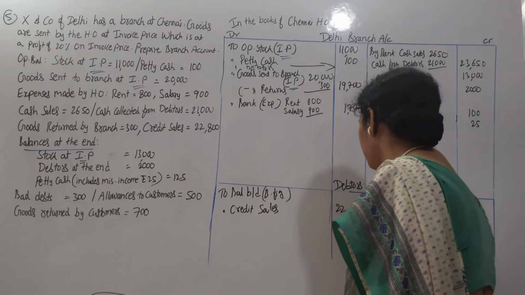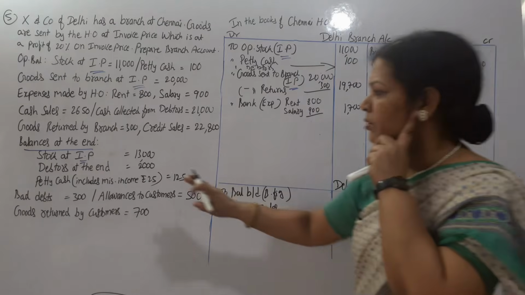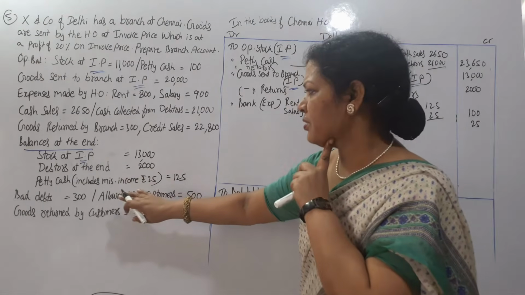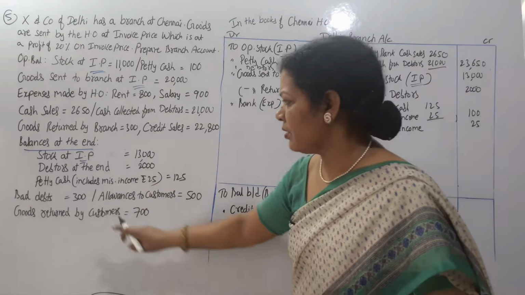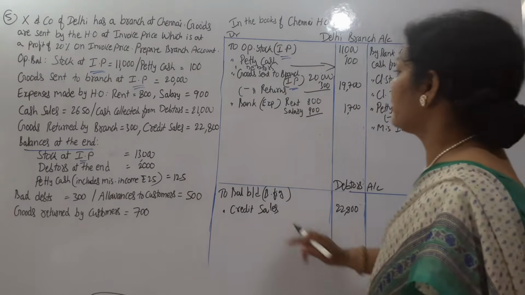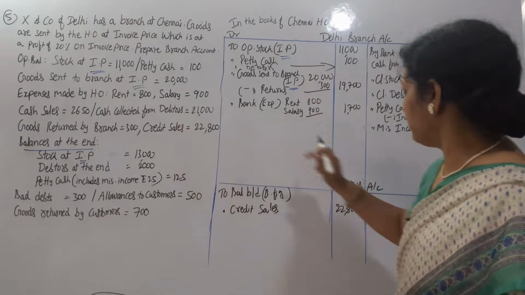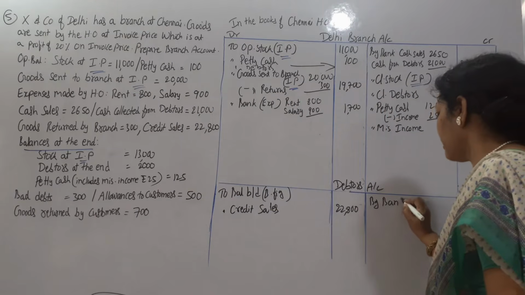Sales, credit sales, 22,800. And next, debtors, petty cash included, bad debts. Cash collected from debtors 21,000, by bank or by cash.